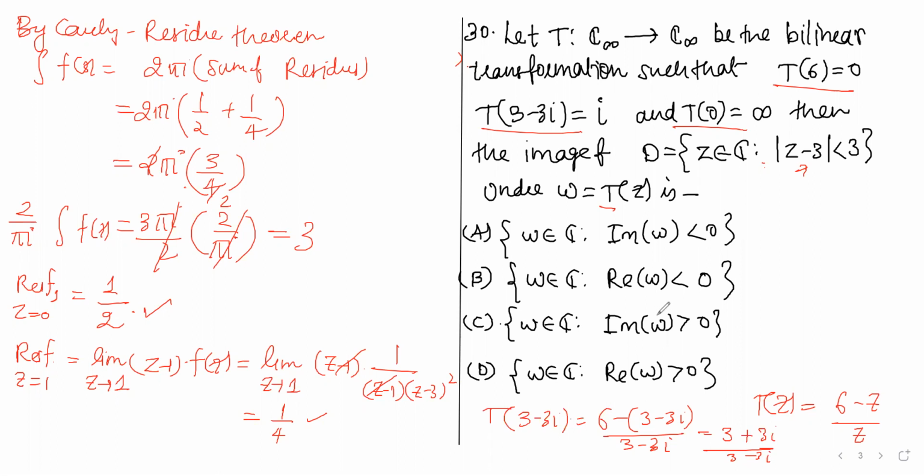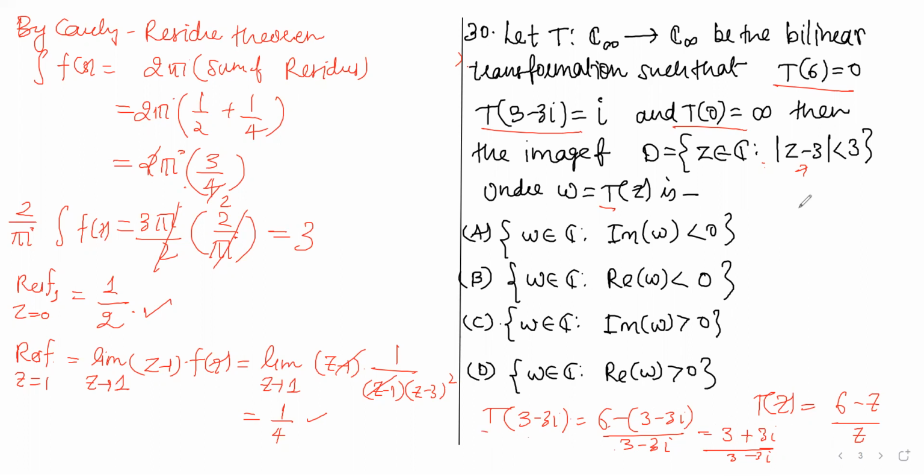Why is it not coming? I think it's not working. T(3 − 3i) is (6 − 3 + 3i) upon (3 − 3i). That is fine. But will this quantity give me i? Oh, wait a moment, let me see.